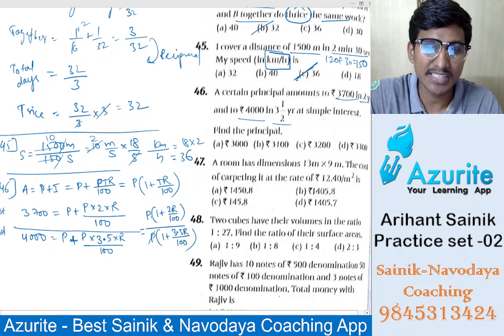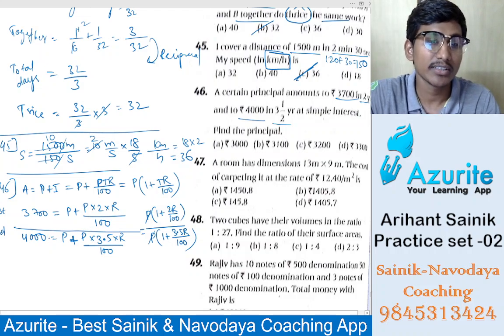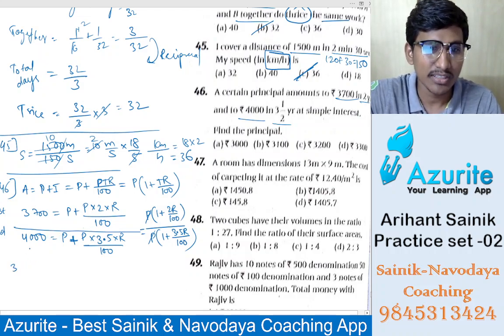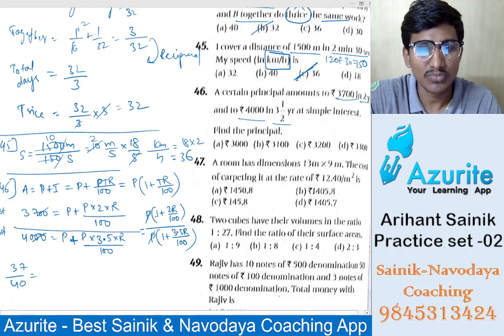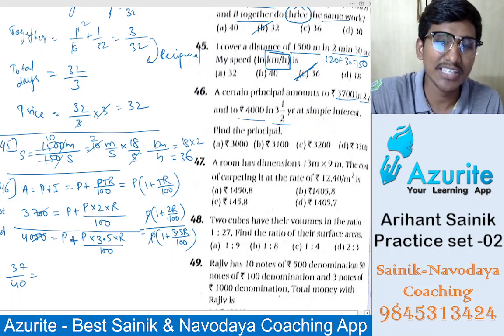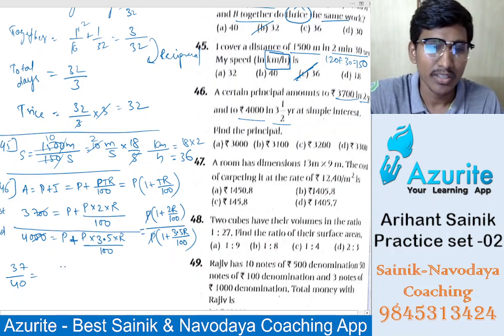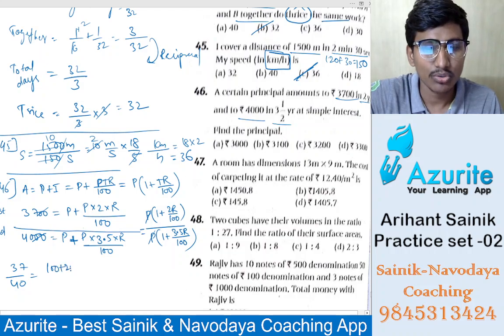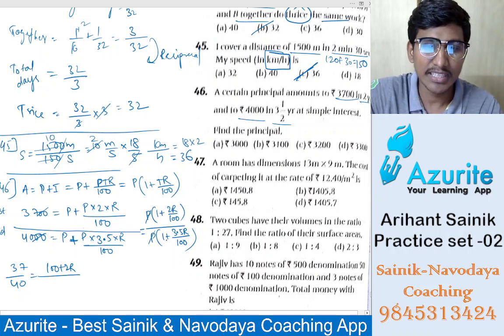Yes, P cancels out. So 3700 means 2 zeros cancel out. That is 37 by 40 is equal to 1 plus 2R. You take LCM, that is 100. So 100 plus 2R, divided by 100 plus 3.5R, right?